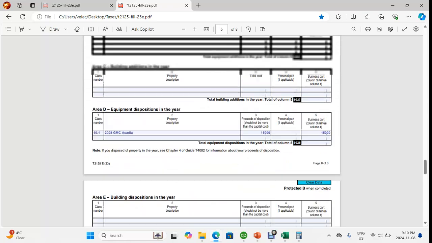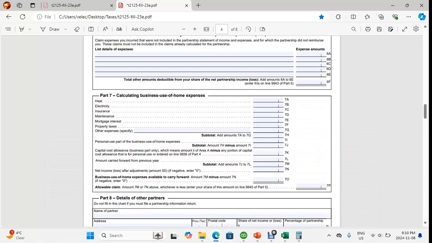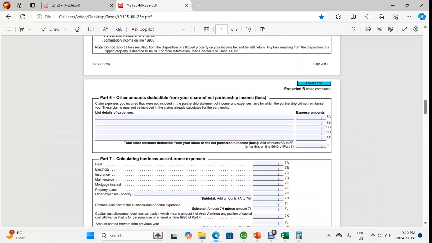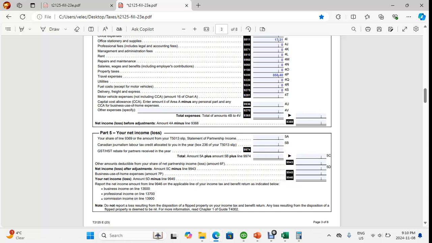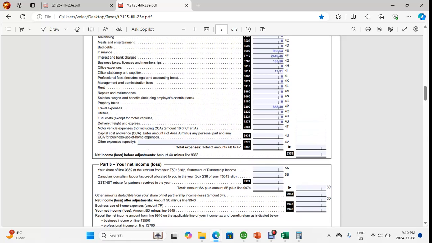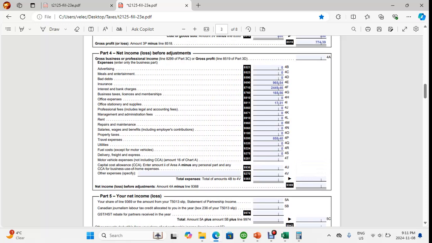So that will be your area F. Apart from area F, you will need to fill in your part 7. However, before we fill in part 7, we'll need to declare our motor vehicle expenses under part 4.